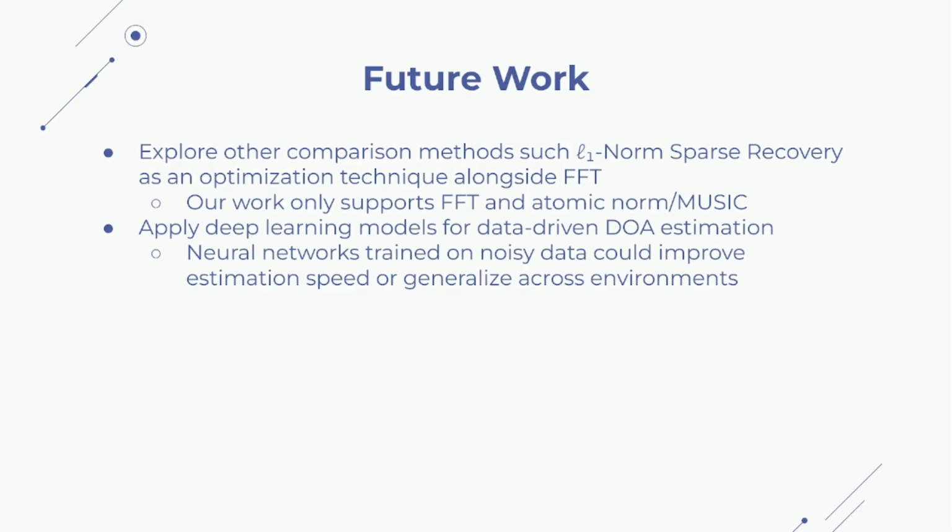On top of this, we would want to apply deep learning models for a data-driven DOA estimation approach, since traditional methods like the FFT and atomic norm rely on model-based assumptions such as the structure of the array and current noise statistics. But deep learning offers a data-driven approach that can learn to estimate directions from raw or pre-processed measurements, even in the presence of noise or interference.